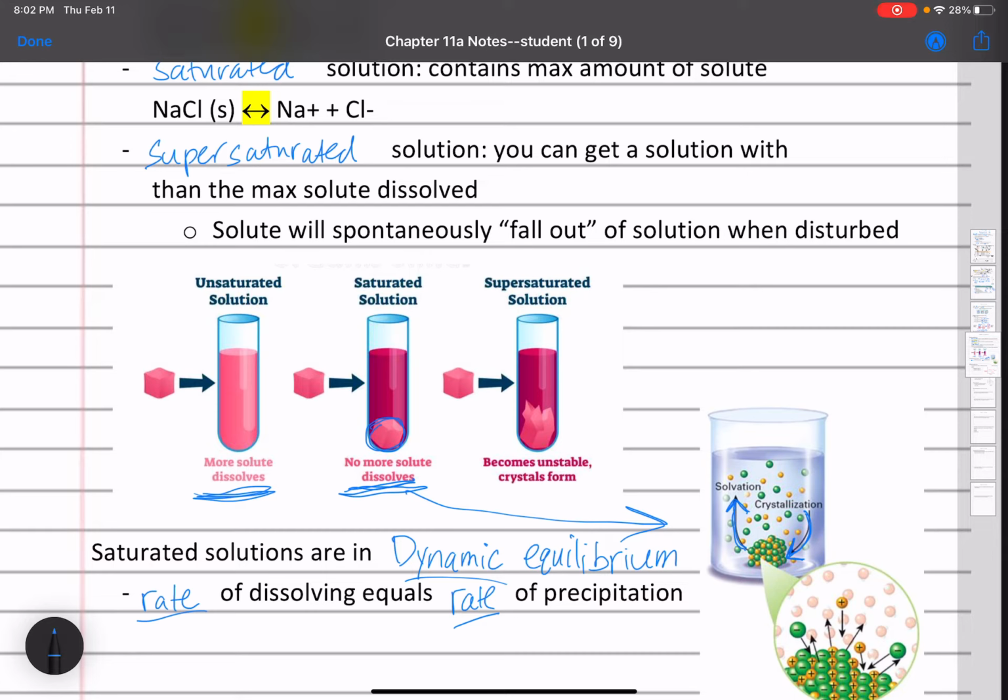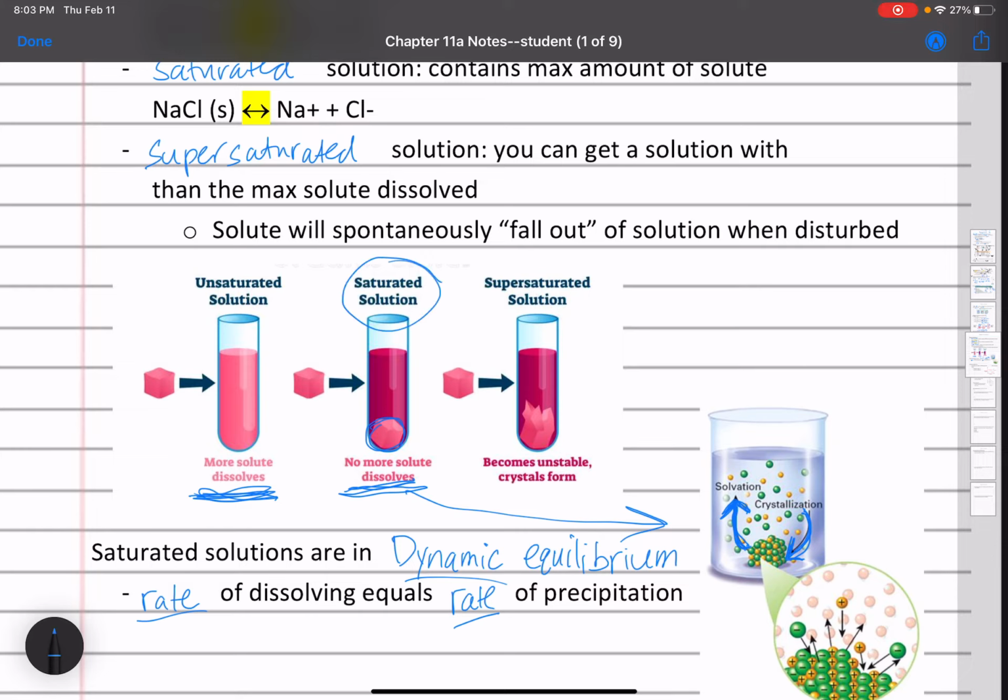In an unsaturated solution, all of the molecules solvate. They all go into solution. None of them crystallize. But in a saturated solution, some of them start to crystallize and they ultimately reach a point where they're dissolving and crystallizing at the same rate. And that is what's happening in a saturated solution.